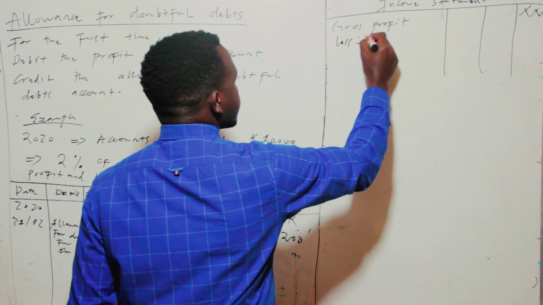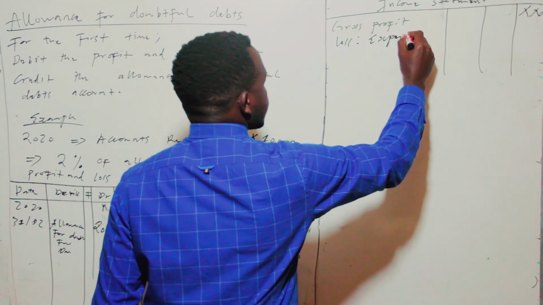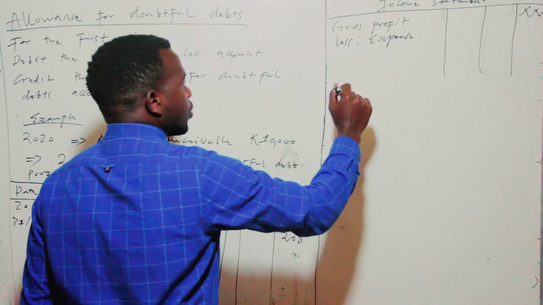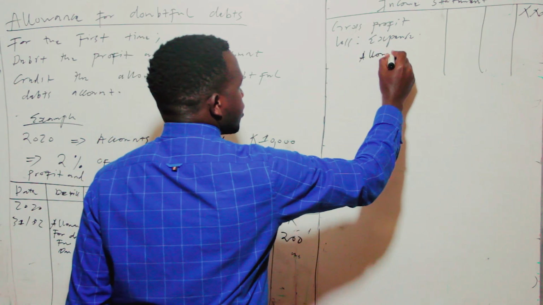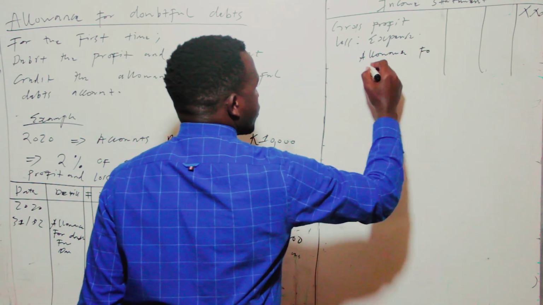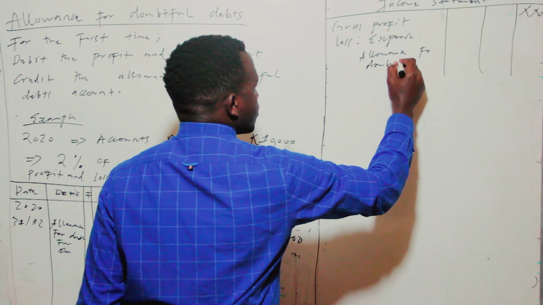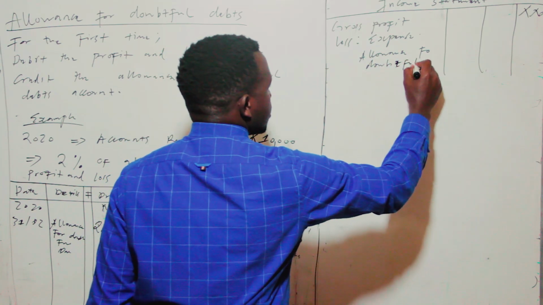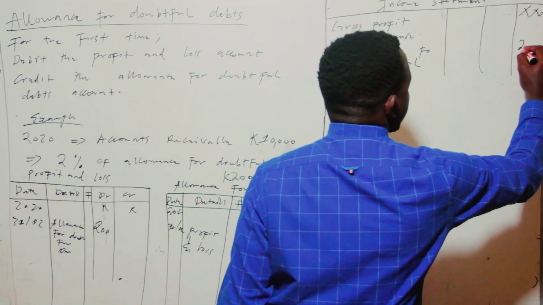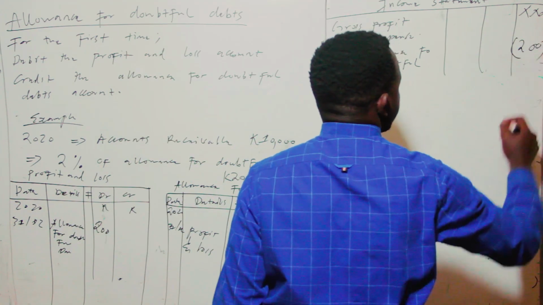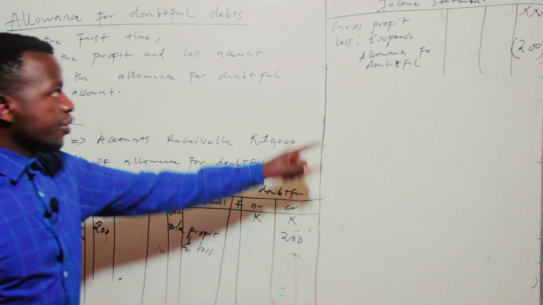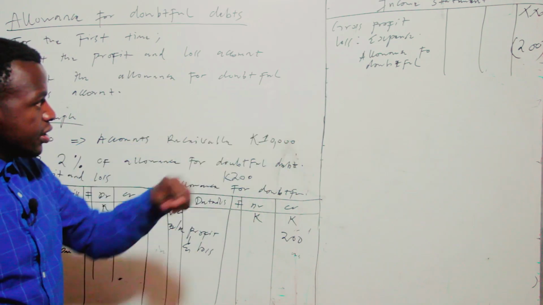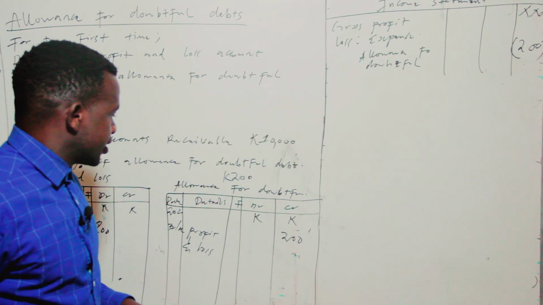So we'll say less expenses, and our expenses there are going to be allowance for doubtful debts, which is 200 kwacha. We're supposed to subtract that from the gross profit. So that's going to be our procedure.